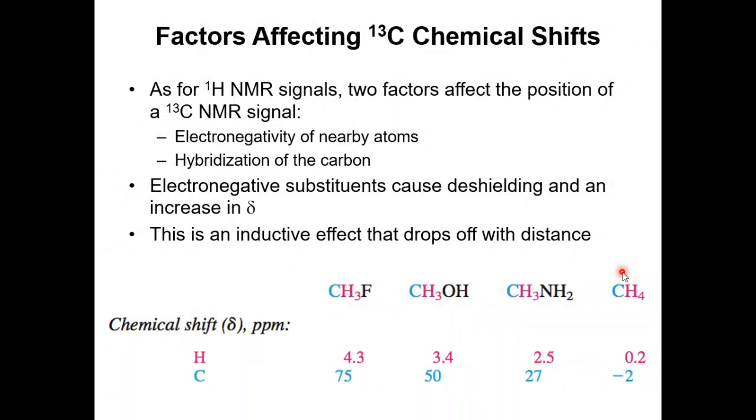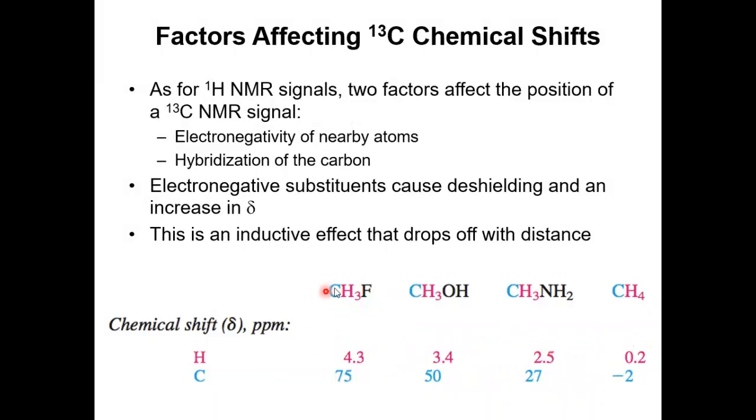We have seen this in the case of proton chemical shift difference because of different electron withdrawing groups with different electron withdrawing power. You see fluorine, for the methyl protons: 4.3, 3.4, 2.5, 0.2.